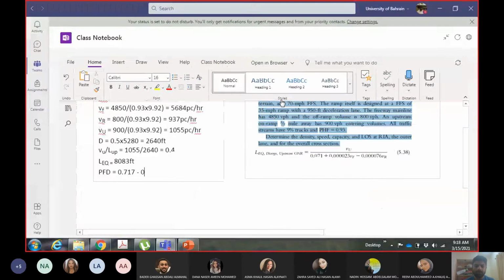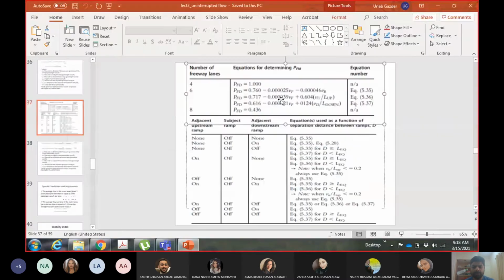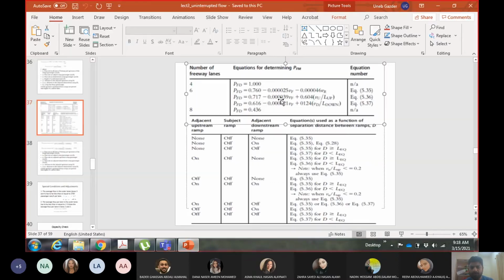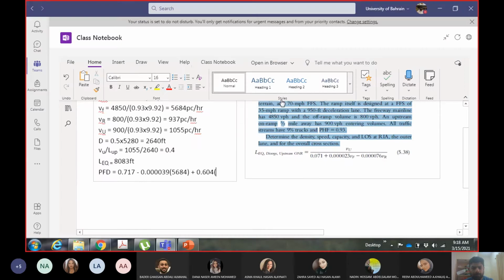Minus 0.000039 into 5684 plus 0.604 into this ratio which you have just calculated, VU upon LUP. So it was 0.4 exactly, or 0.4 something. 0.399.